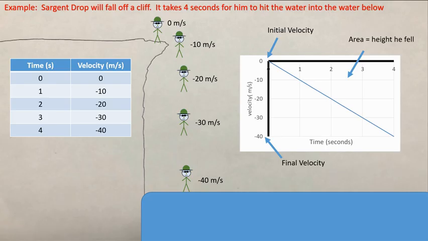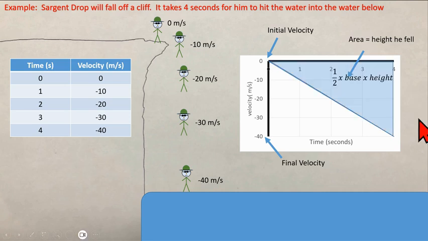But then something you might not think about, but it's actually really important, is the area of this graph. You see this graph makes kind of a triangle. Well, the area of this graph actually equals the displacement, right? And displacement, when we're talking about vertical motion, is just height. So the area of this triangle is actually how much he fell, which is going to tell us the height of the cliff.